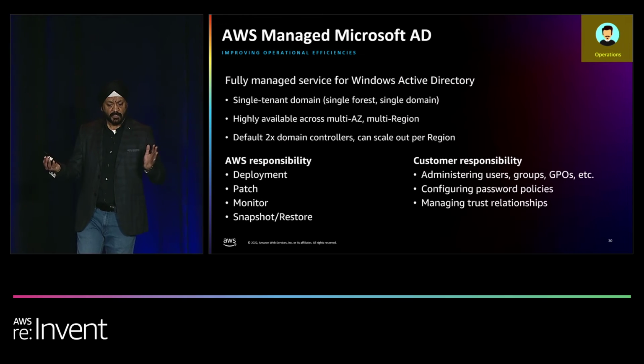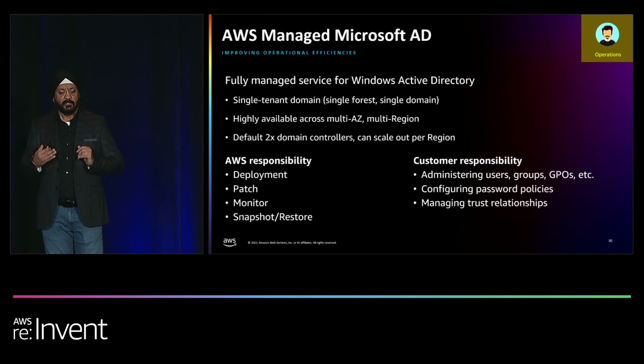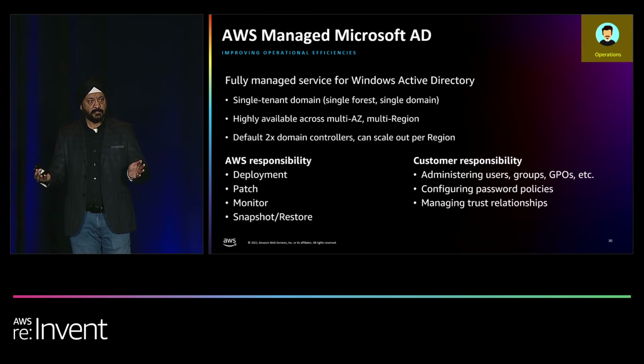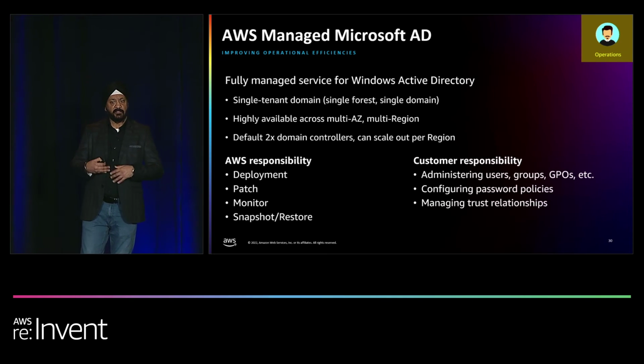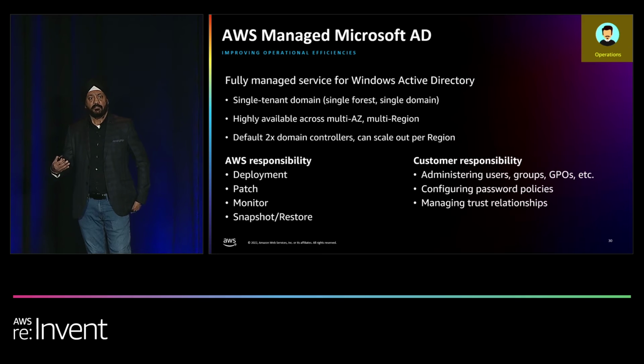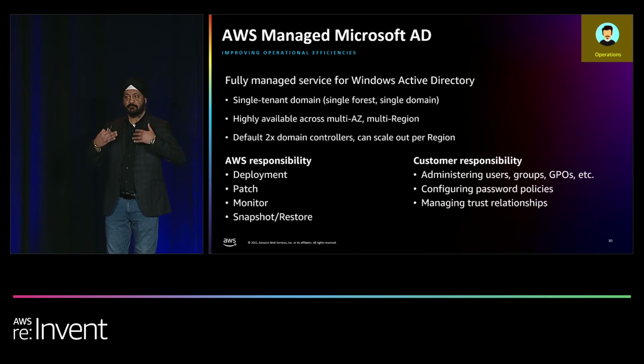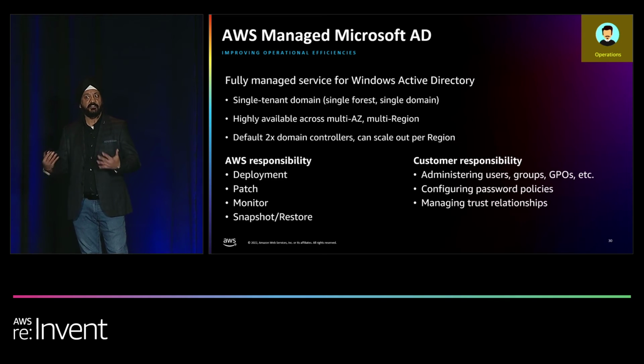Again, like I said, real quick debrief, it's a fully managed service that AWS provides. And it's all about gaining operational efficiency, where the operations team can work on enabling business use cases and not have to worry about the mundane tasks of patching, deploying, or monitoring those services.